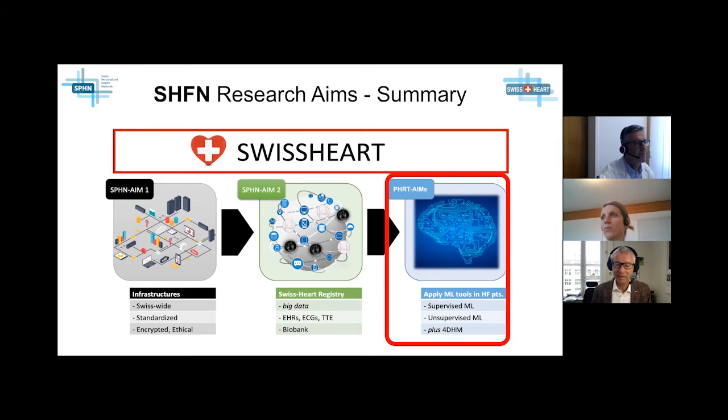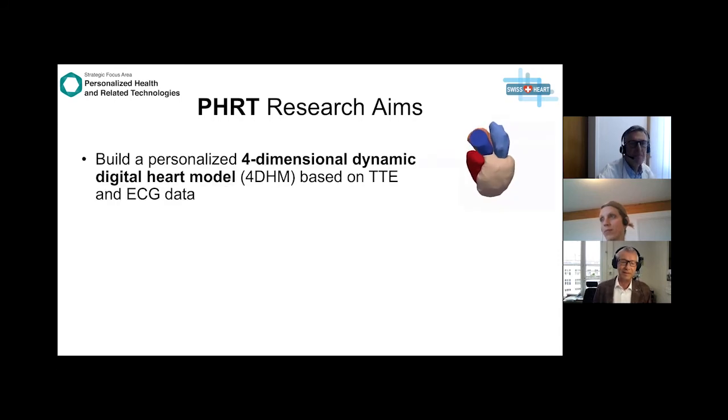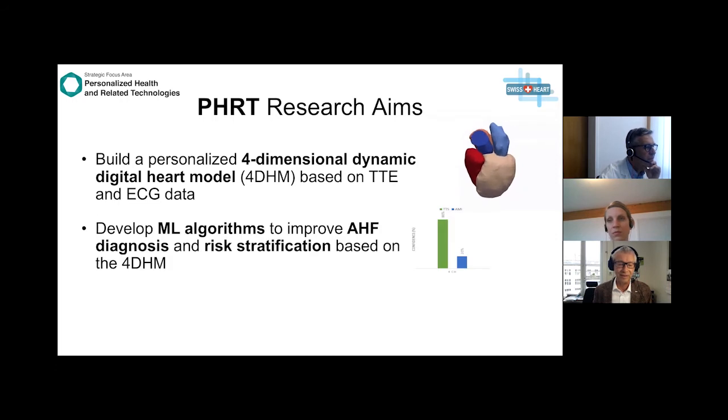I will have the pleasure to report on the PHRT aims. In particular, we pursue 3 different aims. We want to build a 4-dimensional dynamic digital heart model in a way that it's actually clinically relevant. So it's not primarily the physics which has to be modeled in detail, but extract geometric features which help you then improve diagnosis.